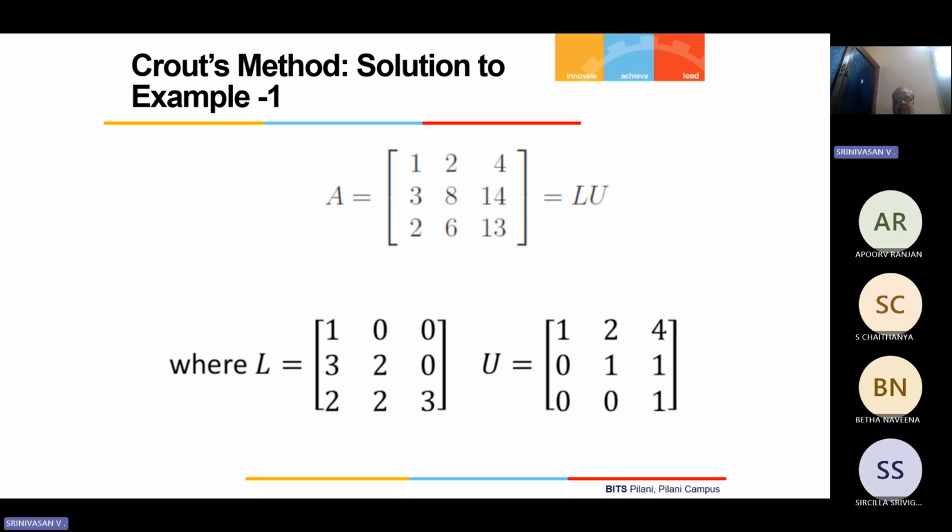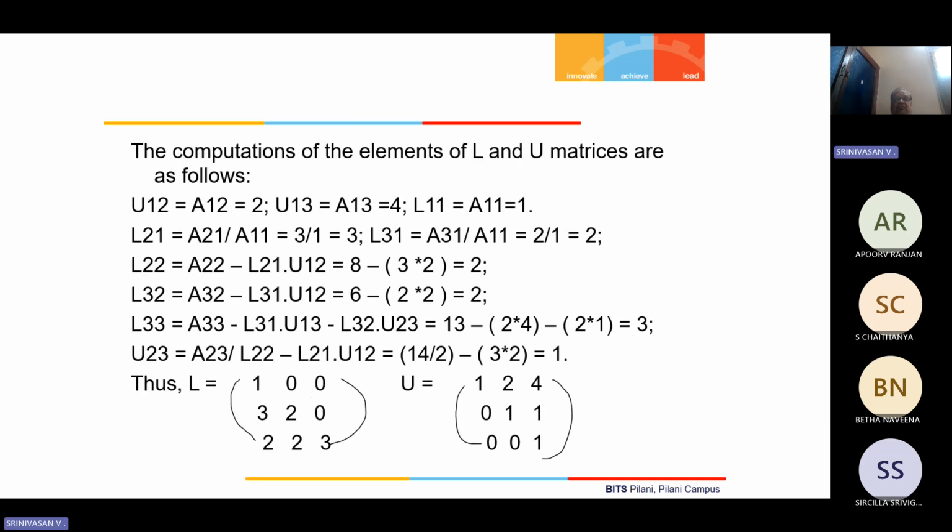Because in Crout's method the speciality goes to the upper triangular matrix, you start with U12, and U12 is nothing but A12. What is A12?